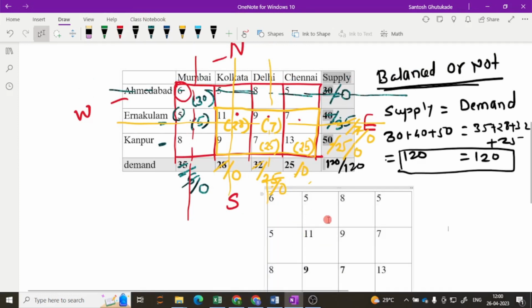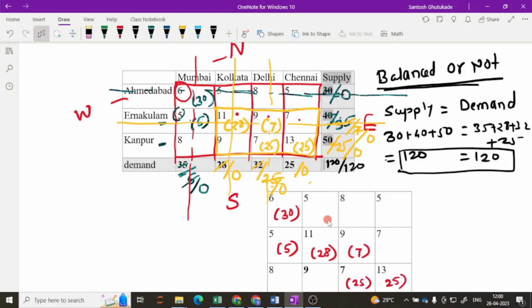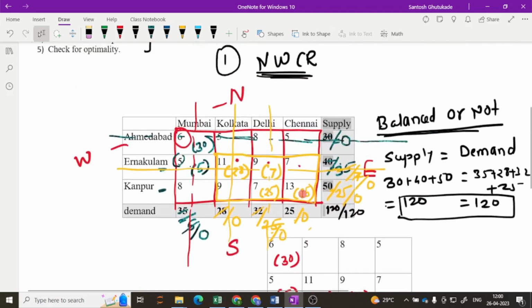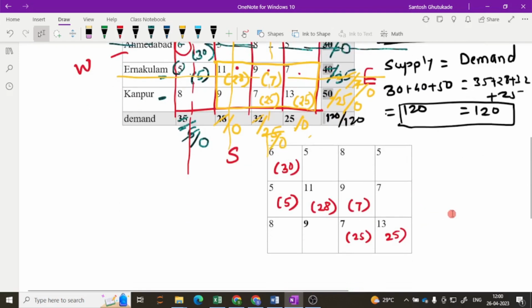At this 5 the allocation is 5, at this 11 the allocation is 20, at this 9 the allocation is 7, at this 7 the allocation is 25 and at this 13 the allocation is 25. So these allocations we have given in the matrix by the northwest corner method.